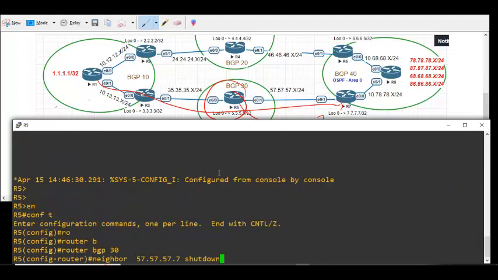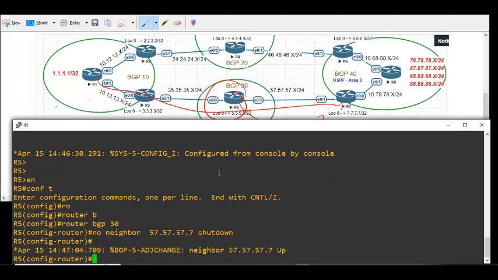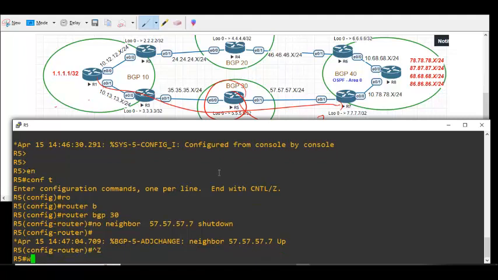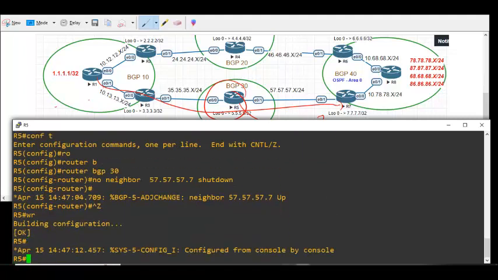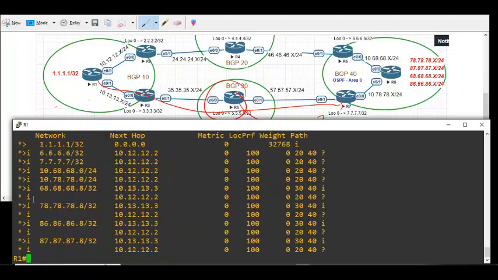I'd like to go to R1 now and see the current route. It has gone back to router 3. You see that? Greater than symbol. Check the routing table. Router 3, autonomous system 30. Now trace the route.